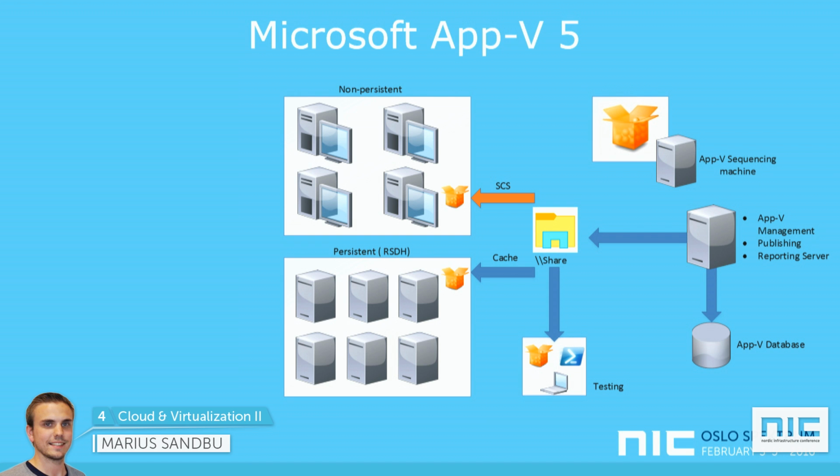We can either use it the infrastructure way, so we have the App-V components, the reporting server, the publishing service and management service, running on a standalone server. It has its own database. It can also do usage tracking and so on. We don't need to have the full infrastructure mode. We can use it standalone, which means that we're basically just installing the agents and deploying packages from a network share.